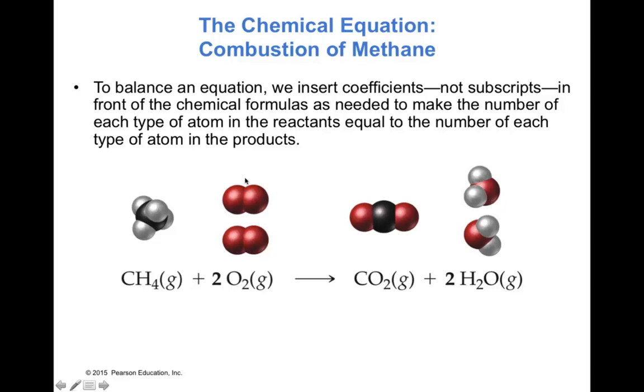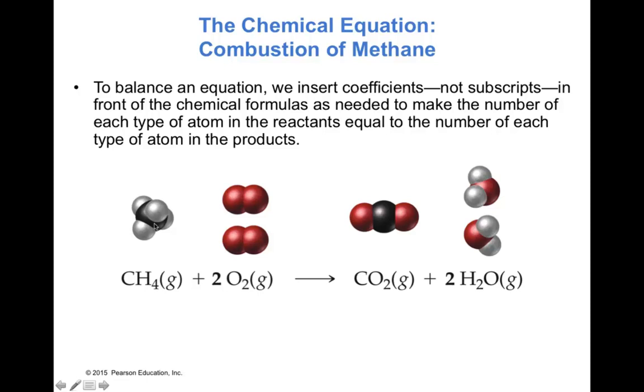When we count the hydrogens, we have 1, 2, 3, 4 hydrogens in methane, and here 1, 2, 3, 4 because we have two molecules of water. So now we have four hydrogens and two oxygens due to the presence of those molecules of water in the products.